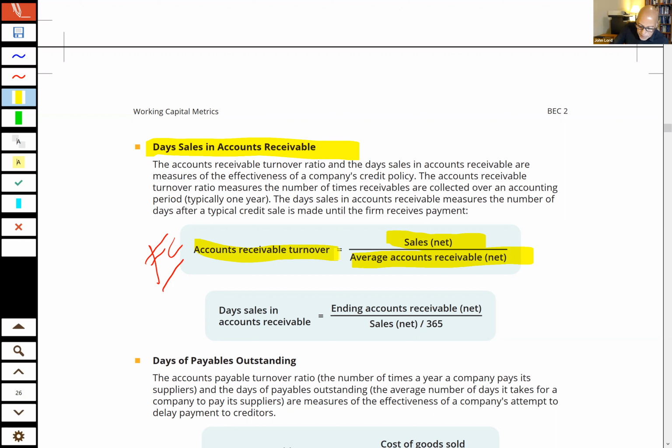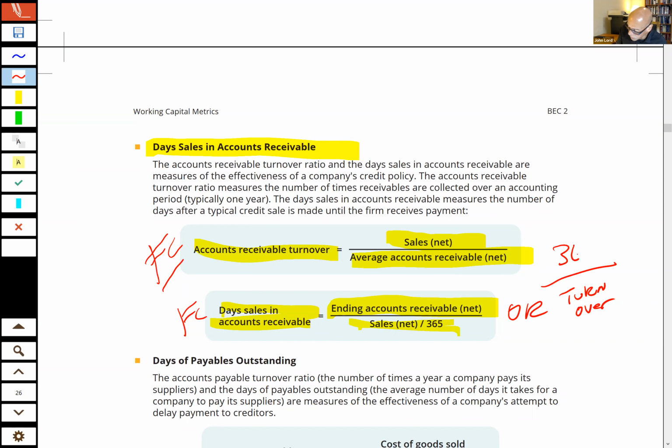And then to get the days in account receivable, you're going to go ahead and divide the ending account receivable, again, net of the allowance, divided by the sales, divided by the 365 days in a year. Or just remember that you could also take the turnover. Again, now we're talking about account receivable turnover, and divide that into the 365 days in the year, and that would give you the days in receivable as well.